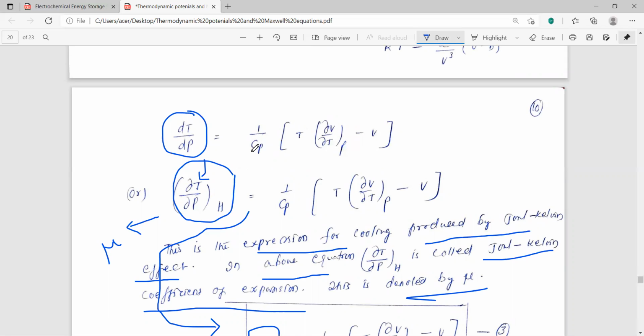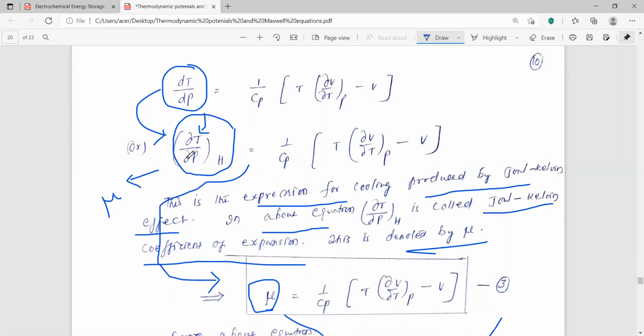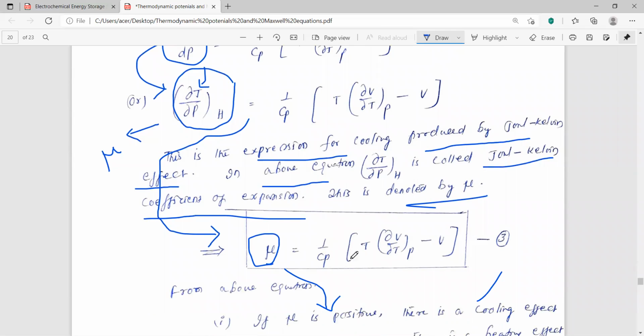As in this throttling process the total enthalpy is constant, we can write this equation as (dou T by dou P) at H equal to 1 by Cp times [T (dou V by dou T at P) minus V]. This value can be replaced by the notation mu. Mu represents the Joule Kelvin coefficient of expansion. Therefore, mu equal to 1 by Cp [T (dou V by dou T at P) minus V].